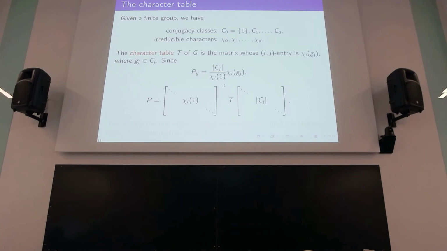Because of the formula we established, the character table is essentially the same as the eigenmatrix up to some normalization scalars, because this formula relates the entry of the eigenmatrix with the value of the characters.